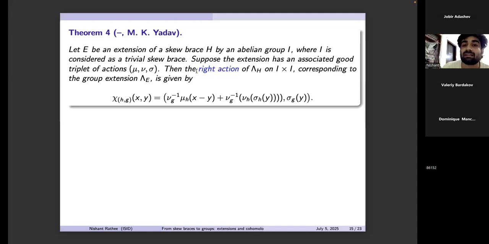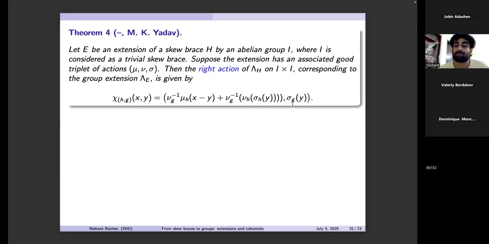Then you can define the right action of the group lambda H on I cross I corresponding to the group extension lambda E, given by this weird complicated formula, where (h, g) acts on (x, y) by (mu inverse g mu h x minus y plus mu inverse g mu h sigma h y, sigma g y).